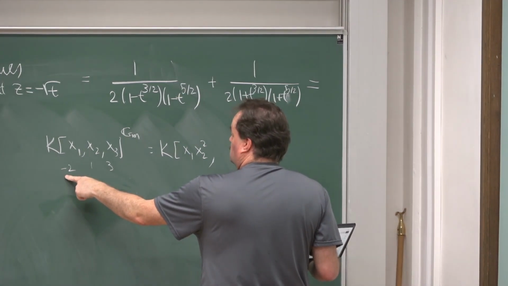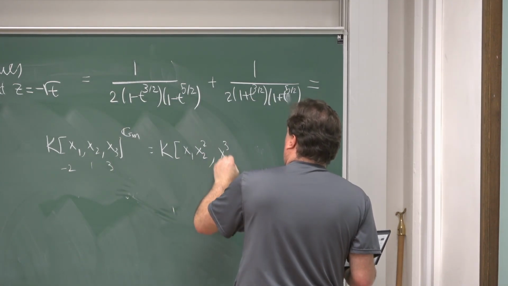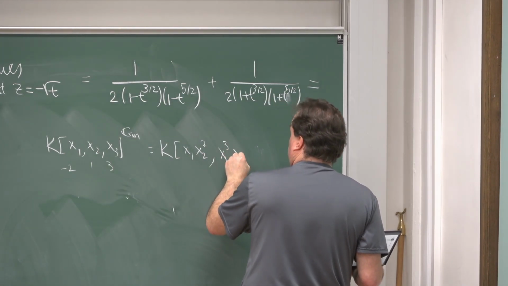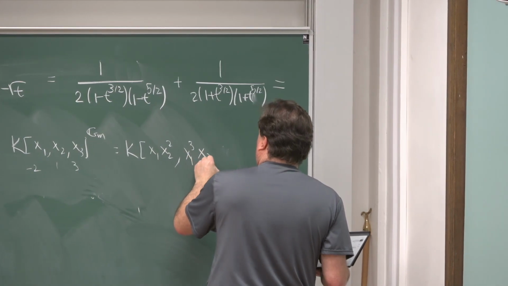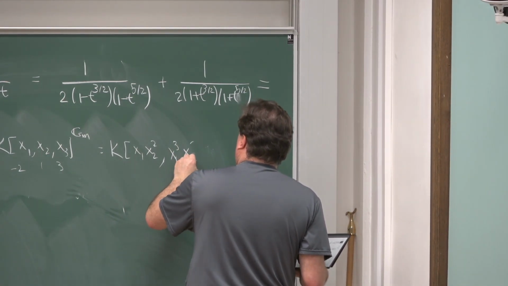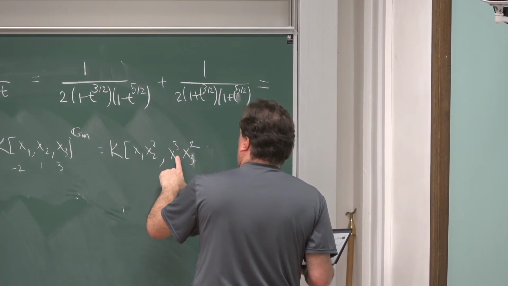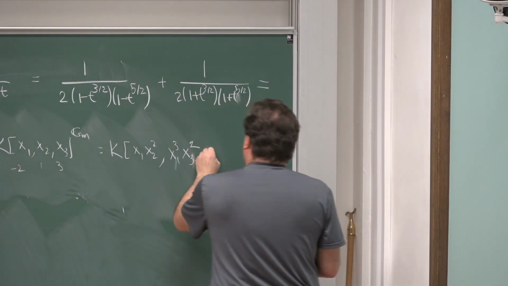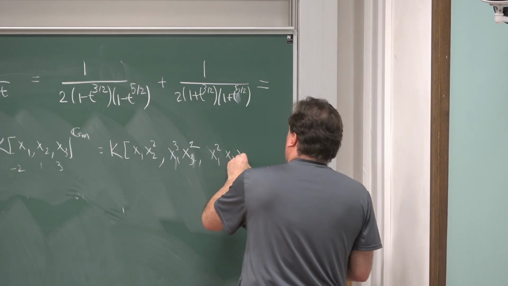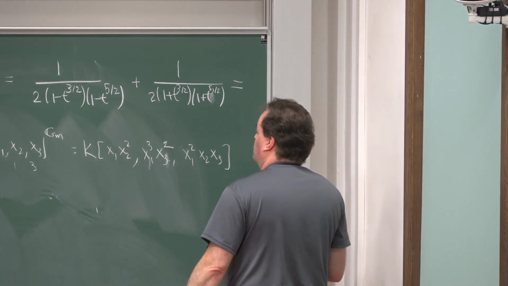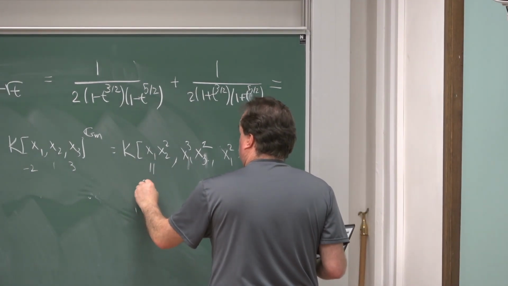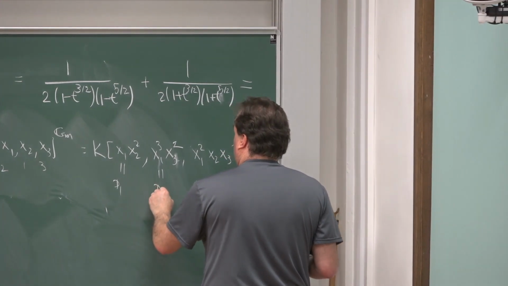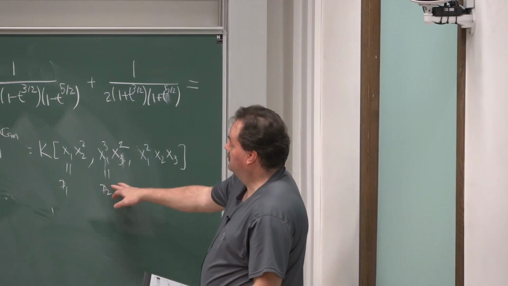You can also take x1 cubed and x3 squared. And then we can also take x1 squared x2 x3. Now it turns out that if you take this P1 and this P2, then these are primary invariants.